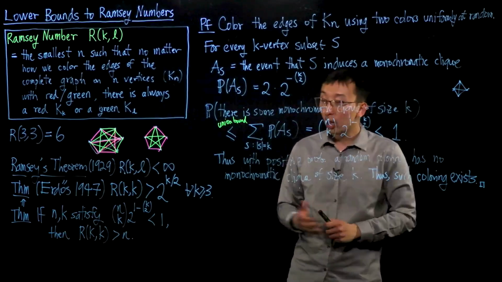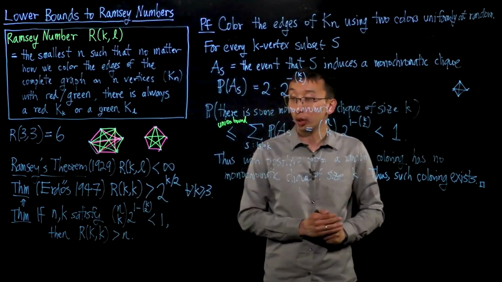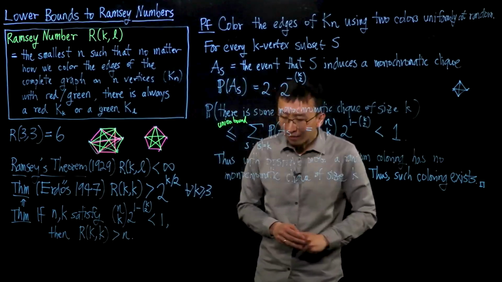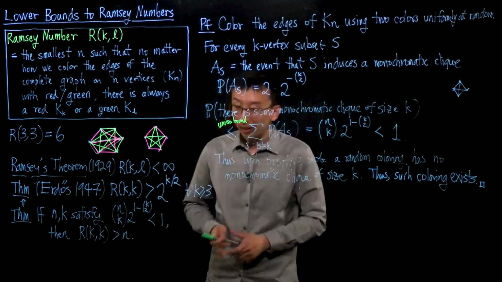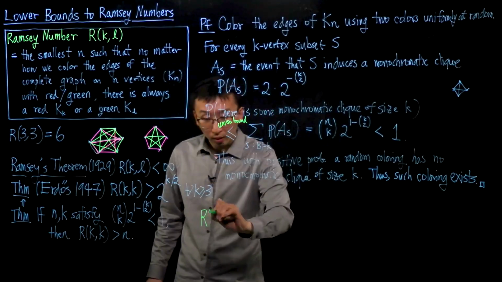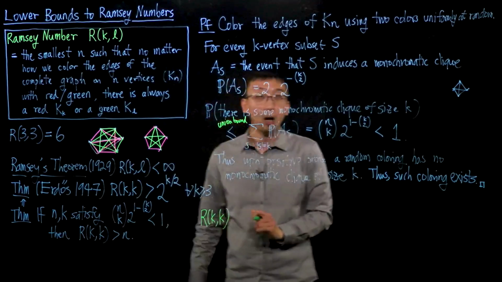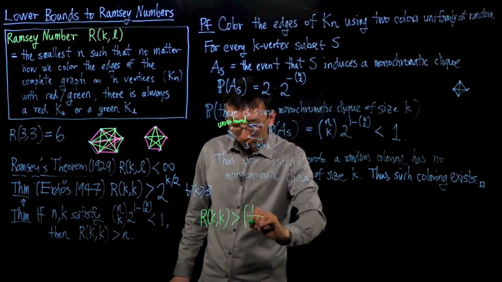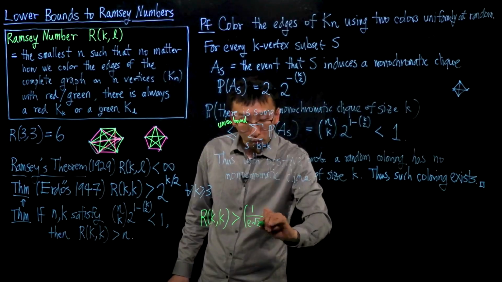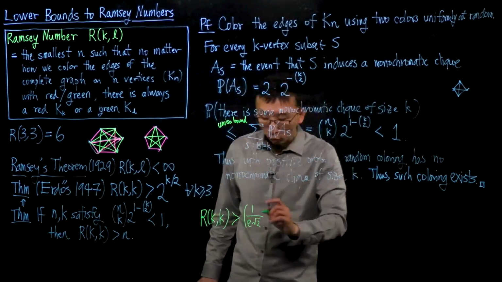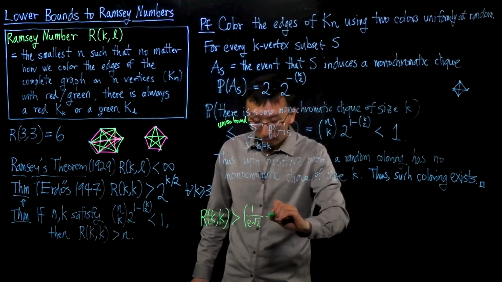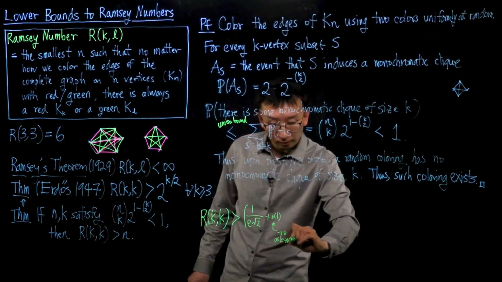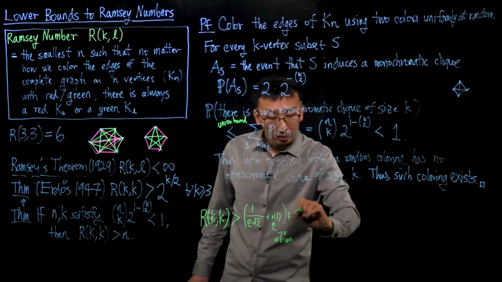And as I mentioned earlier, by a more routine calculation, which we will not do here, one can deduce Erdős's result from this theorem. And in fact, by a more careful calculation that, again, I will not do, one can show an even more precise lower bound that R(k,k) is bigger than 1 over e times root 2, where e is the natural constant, around 2.71, plus a term that goes to 0 as k goes to infinity, times k 2 to the k over 2.